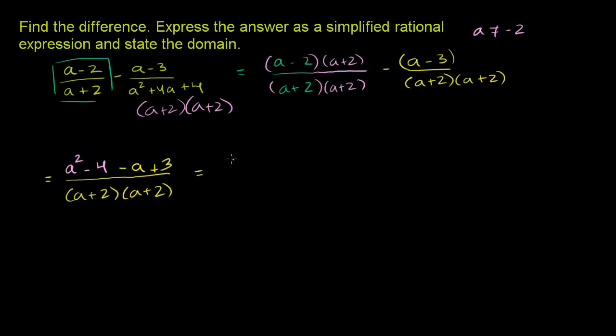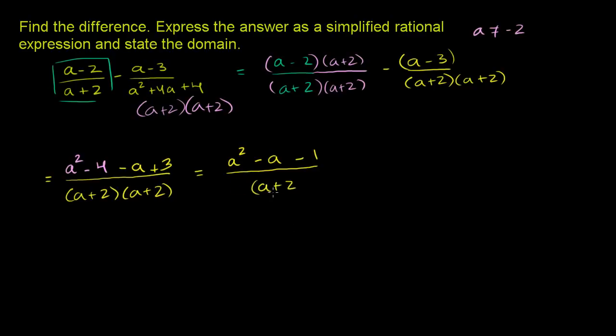You have a squared minus a plus, let's see, negative 4 plus 3 is negative 1. All of that over a plus 2 times a plus 2, or we could write that as a plus 2 squared.